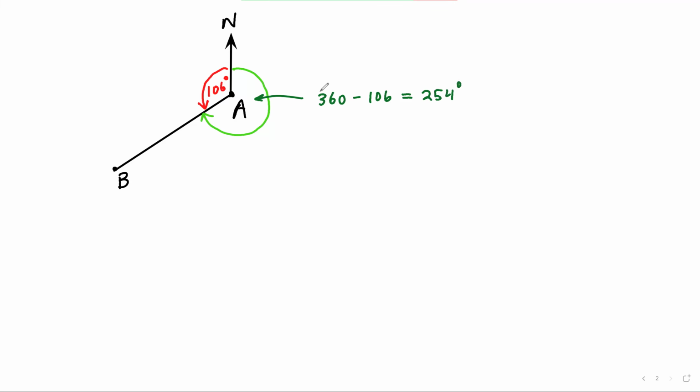So here, B is on a bearing of, well, there's no need to add any extra digits because 254 is already three digits. So B is on a bearing of 254 degrees from A. All right, guys, I hope that rings a bell.